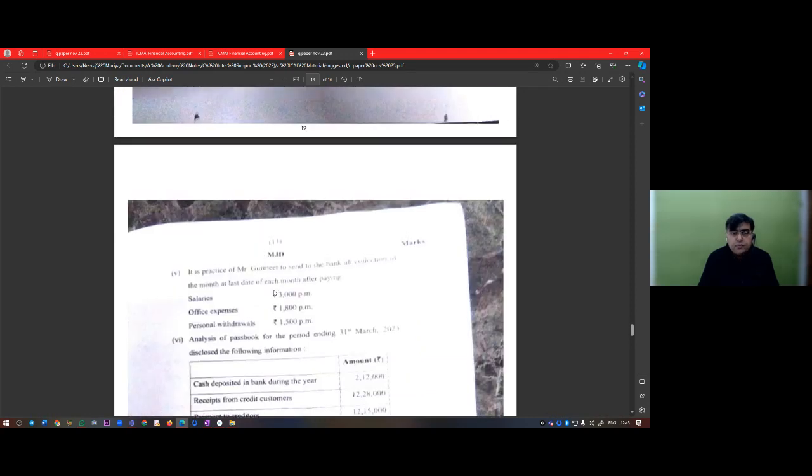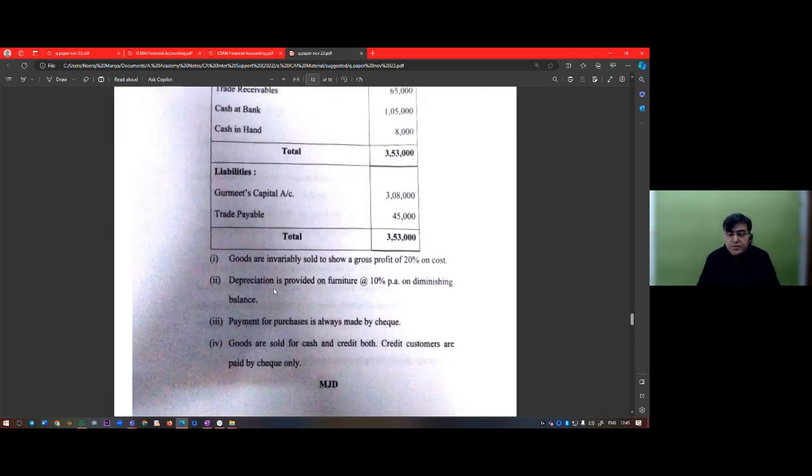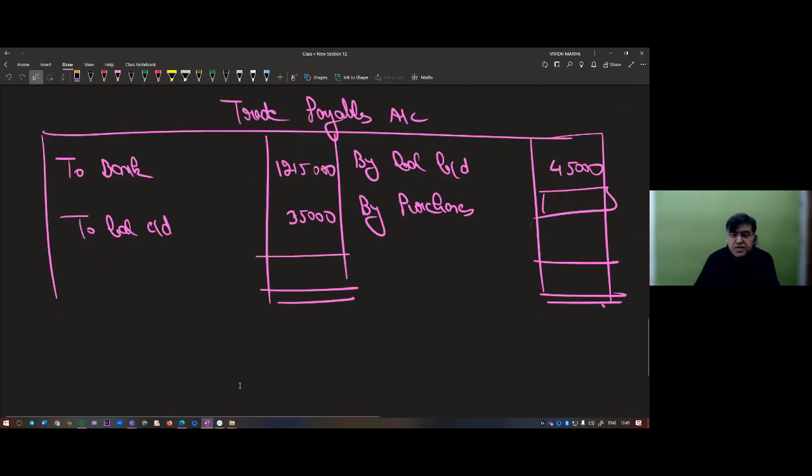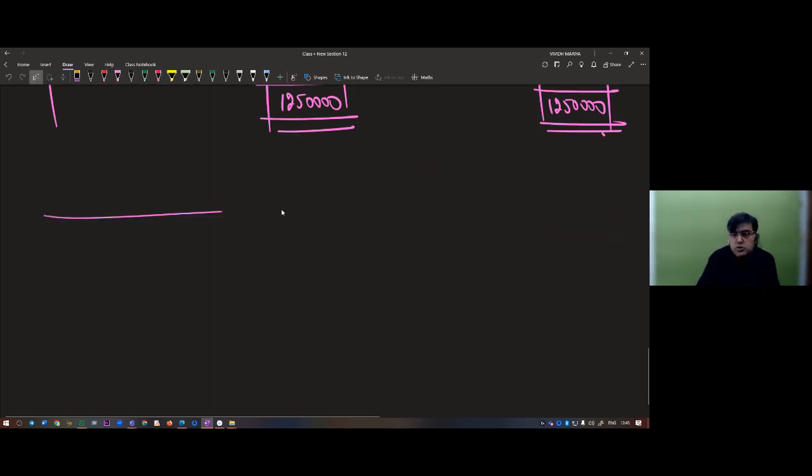Opening are 45,000. The balancing figure is 1250. Working note 3 will make the memo stock account.